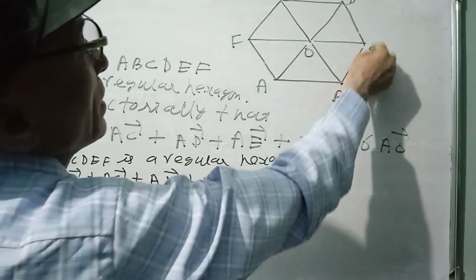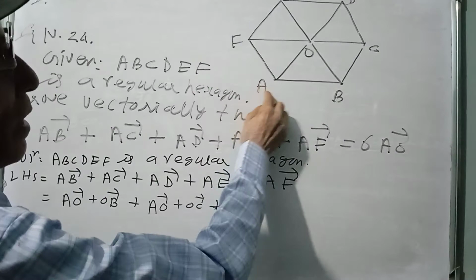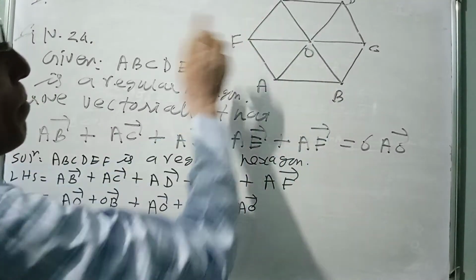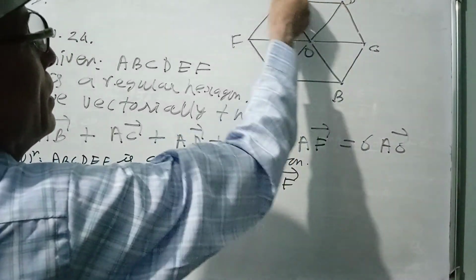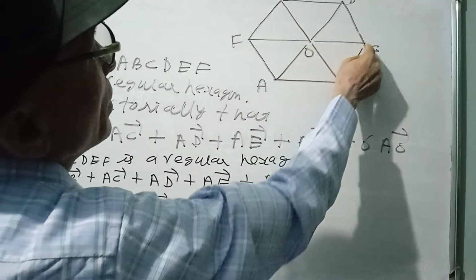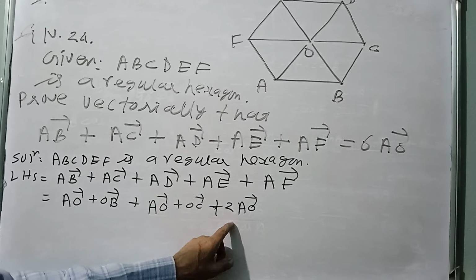In the same way, BCDO is also a parallelogram. In the same way, ABOF is a parallelogram, AOEF parallelogram, DEFO parallelogram, EOCD is also a parallelogram. Many parallelograms are there. AD is 2 times AO.